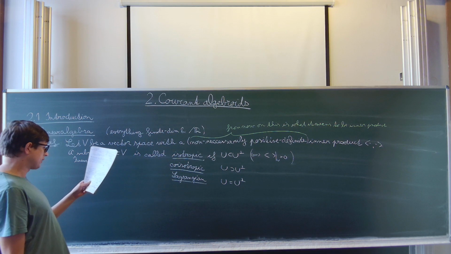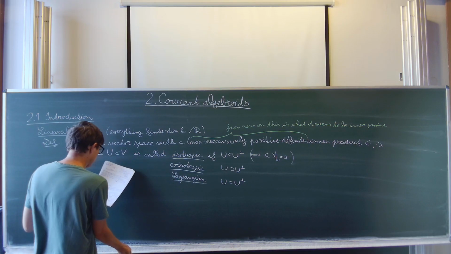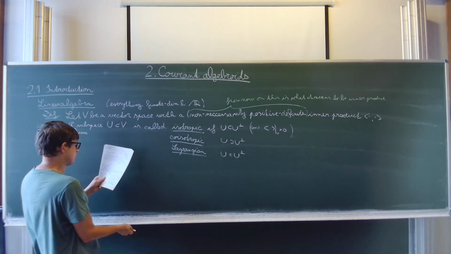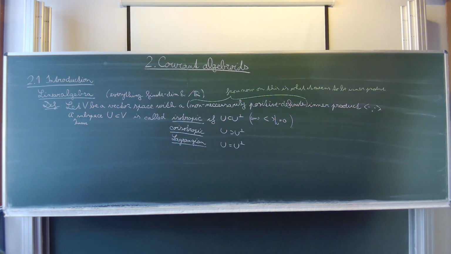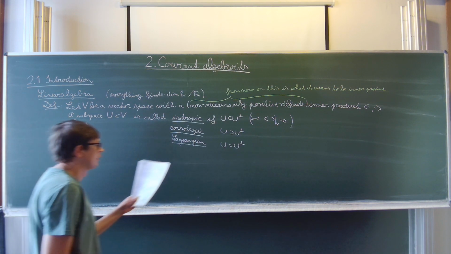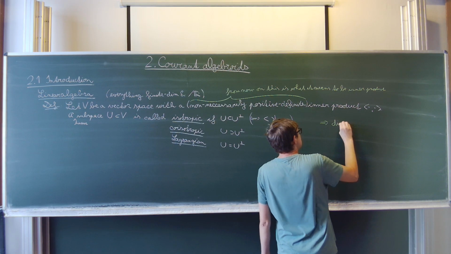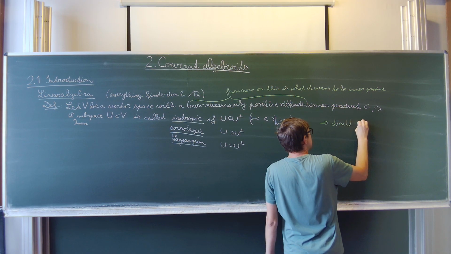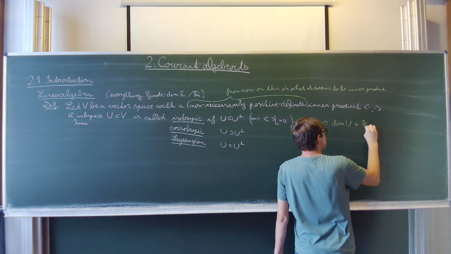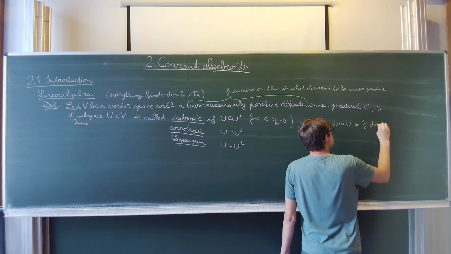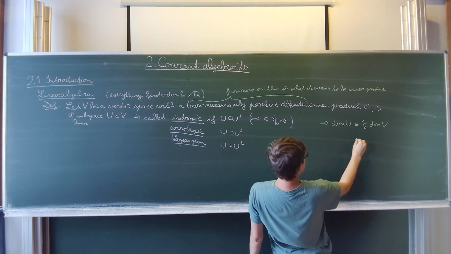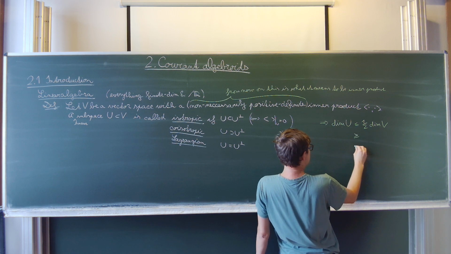So it's the one which is both isotropic and coisotropic. Just as we had before, it easily follows that the dimension of U is at most one half of the dimension of the big space in the isotropic case, bigger or equal in the coisotropic case, and precisely equal in the Lagrangian case.